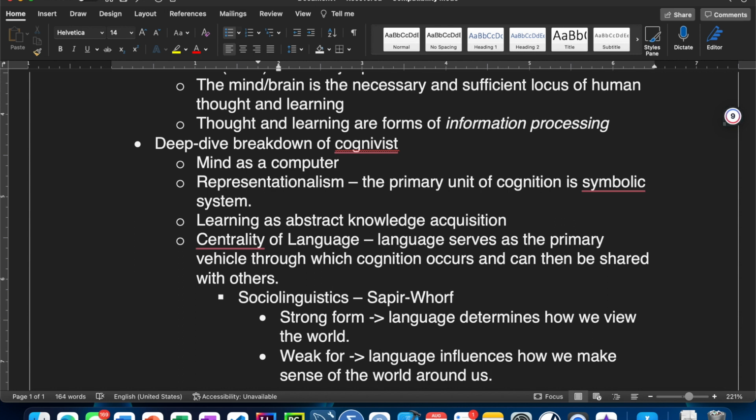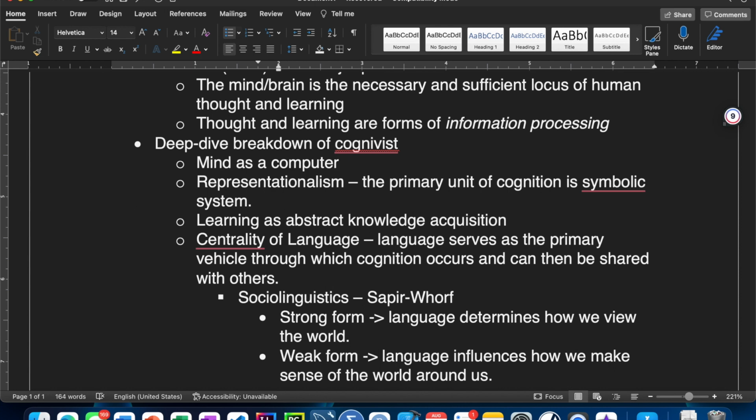Most sociolinguists, most applied linguists that I know would immediately reject a strong form of the Sapir-Whorf hypothesis as being overly deterministic and stripping away a great deal of human agency. Most of us, however, would accept a weak form of the Sapir-Whorf hypothesis, this idea that language influences how we see the world. Okay. The quintessential example of this is how different languages encode something like time or motion, right?